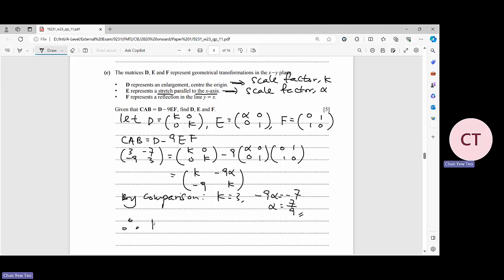Therefore, we have found the D. D is 3, 0, 0, 3. E will be 7 over 9, 0, 0, 1, and F, we already have F, 0, 1, 1, 0. Just like that, done. This will be the matrices for the D, E, and F.